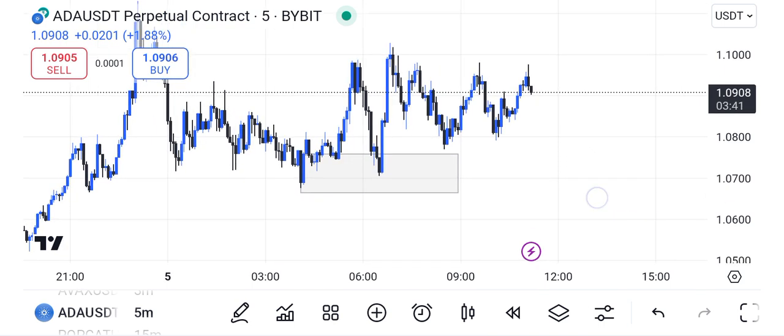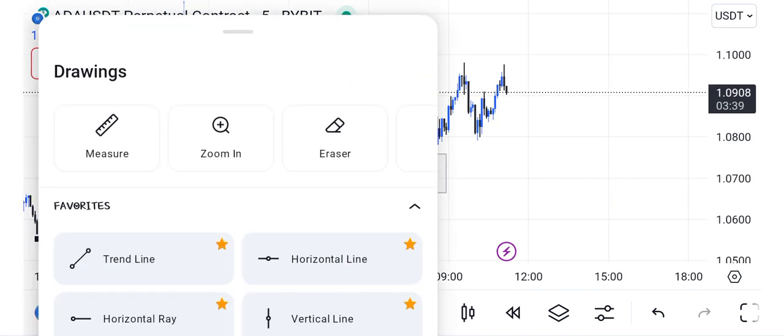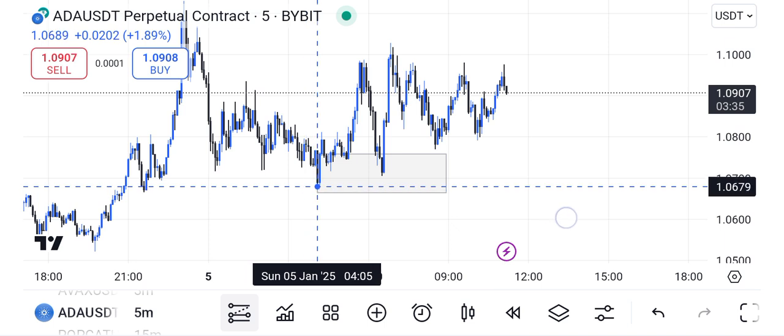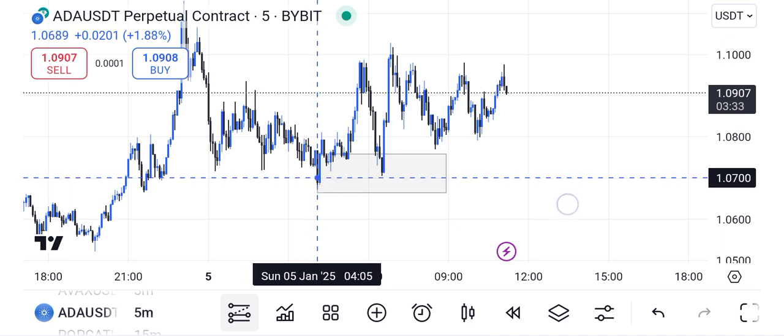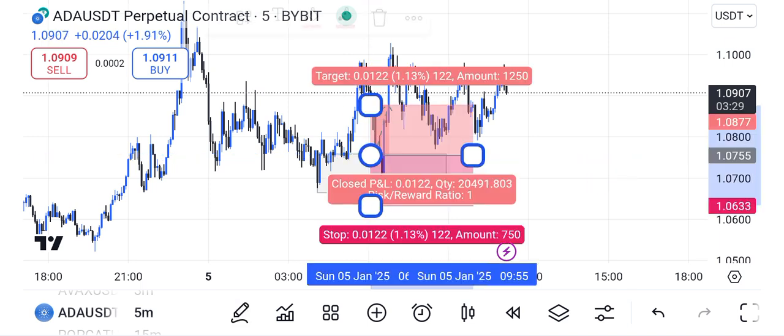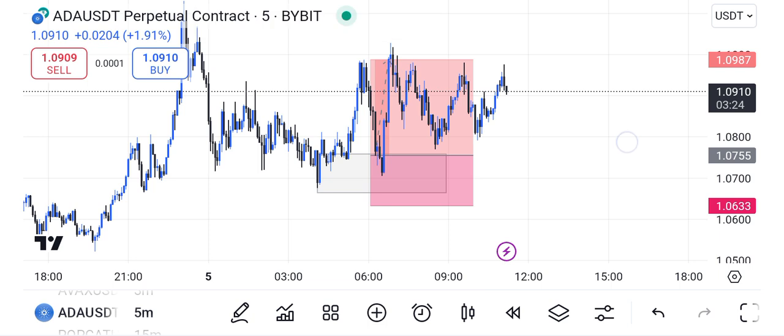So if you pay very close attention, from where we had this push here, this was our demand zone. Price went up, came back to the demand zone and respected it, and went back up.